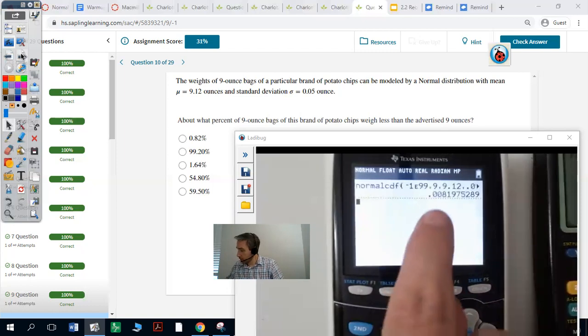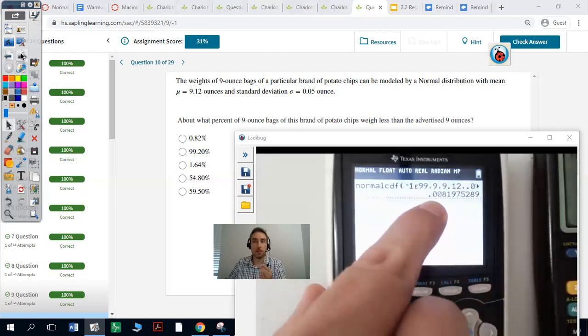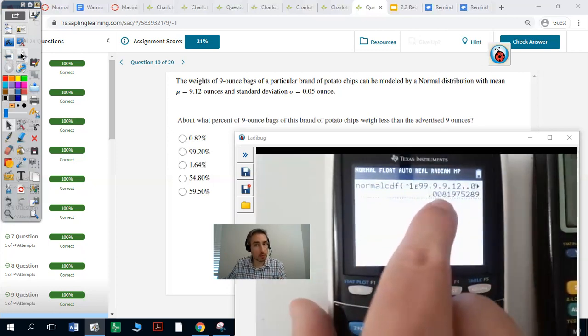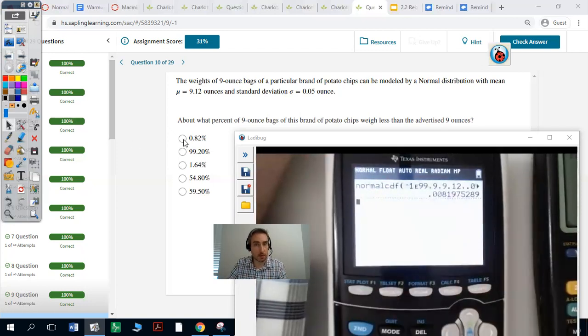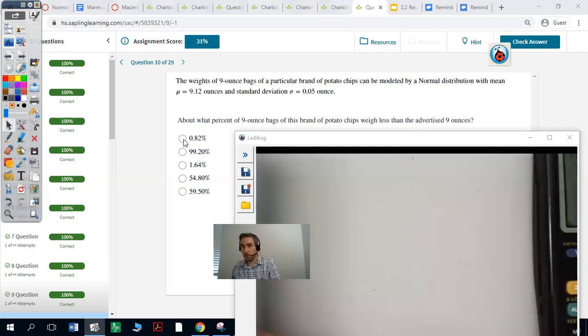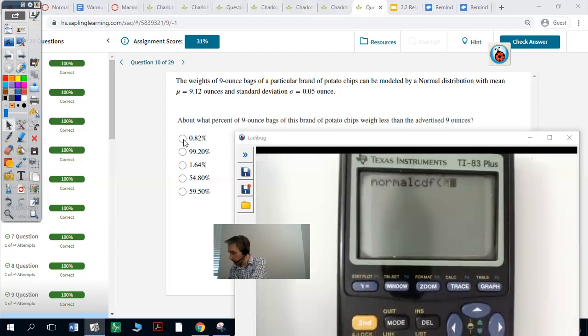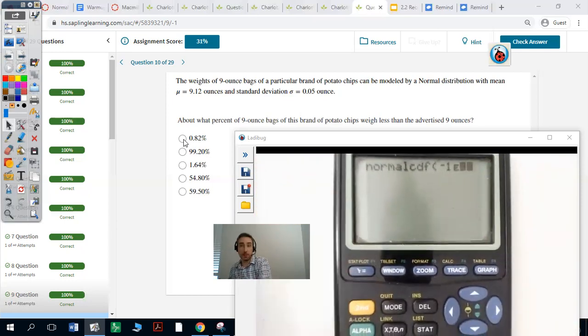So this is going to tell you approximately the percent that is below 9 ounces. Now it's a really small percent. That's 0.819%, 0.82%. Here, you do the negative 1, second comma for that E. That's negative 1 times 10 to the 99th power.